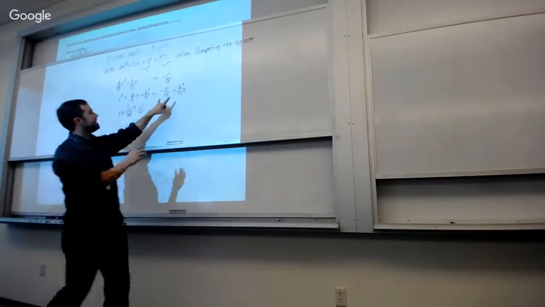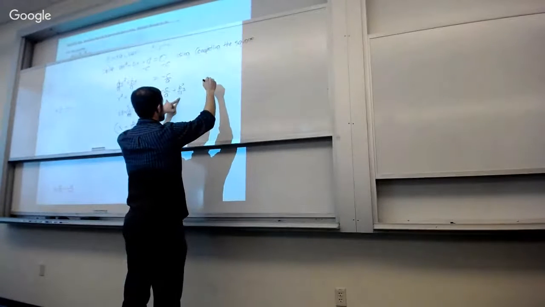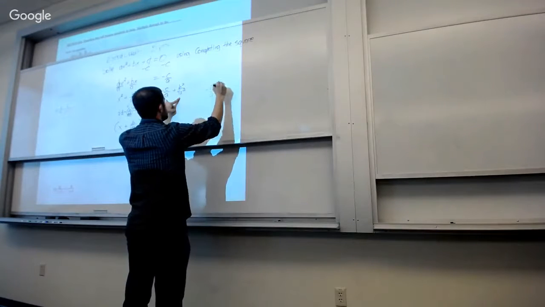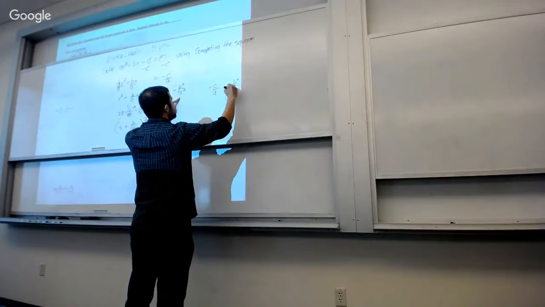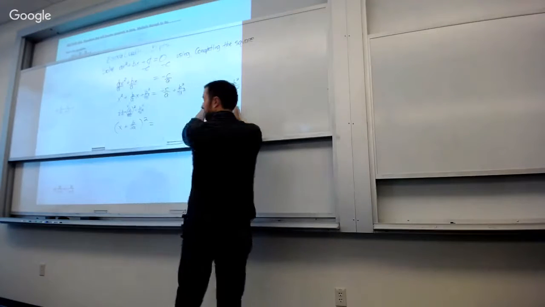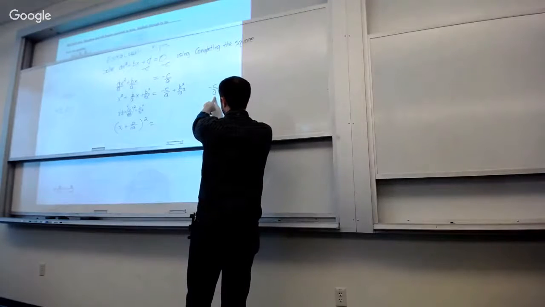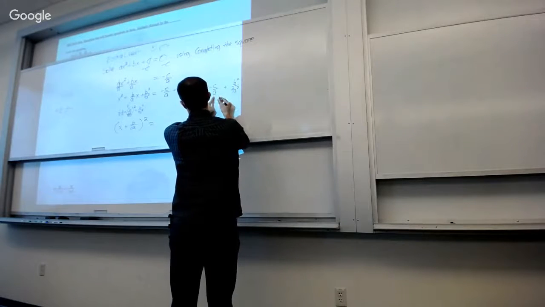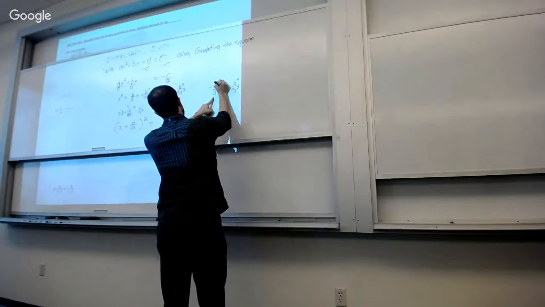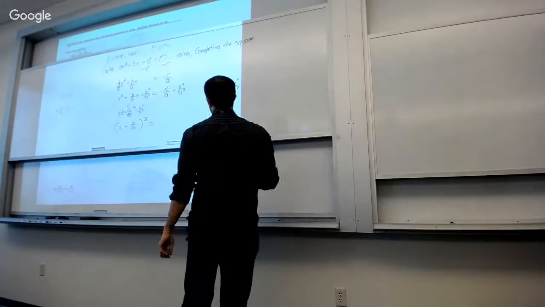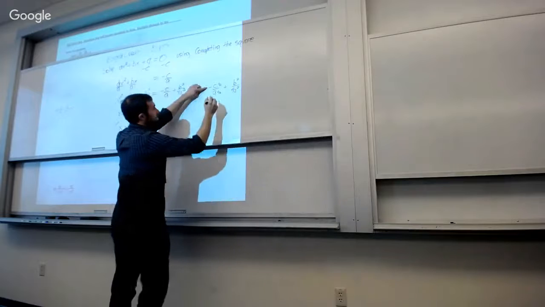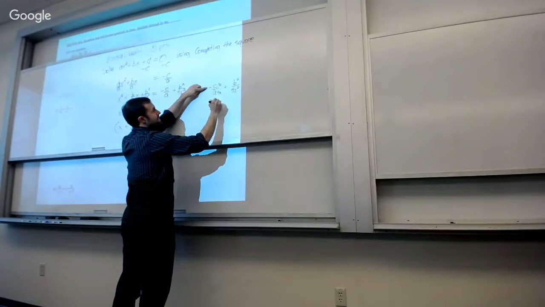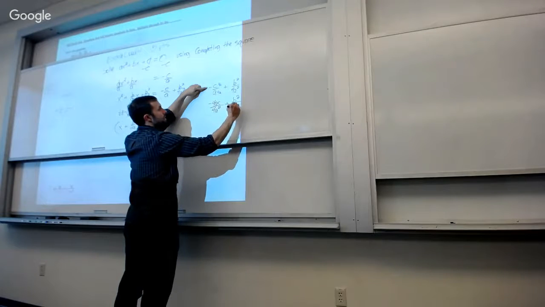How do you add negative c over a plus b squared over 4a squared? Do they have a common denominator? Not yet, but what would the common denominator be? 4a squared. So what do I have to multiply this one, top and bottom? 4a. So now I have 4a top and bottom. And I'm going to rewrite that now. That's negative 4ac all over 4a squared plus b squared over 4a squared.